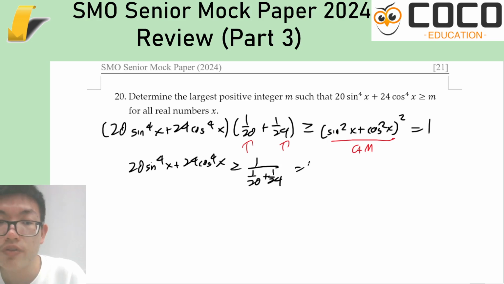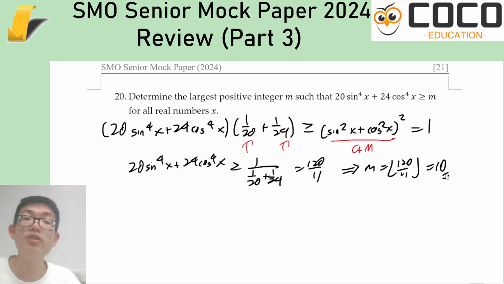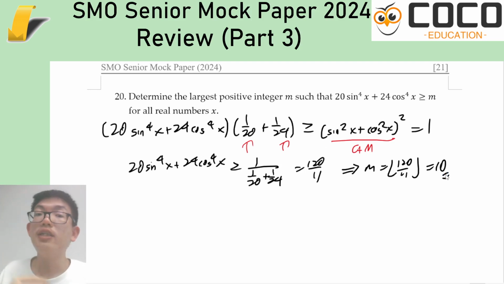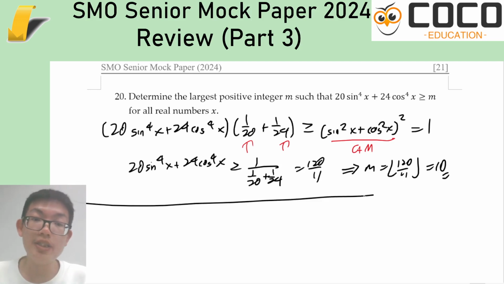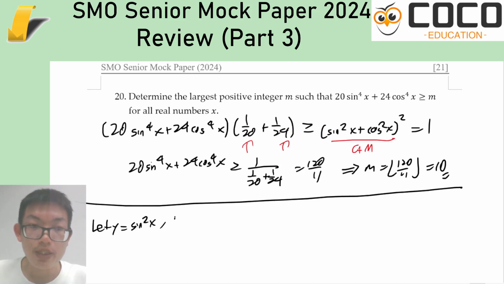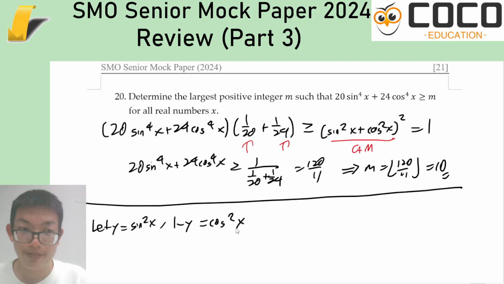This is 120 over 11, and so that means that m you would round down and get 10. Now this is my 1-minute explanation for those of you who know Cauchy-Schwarz. If you do not know Cauchy-Schwarz, my alternative explanation is that I would just let y be sine squared x. And 1 minus y is cosine squared x, and this is just completing the square.